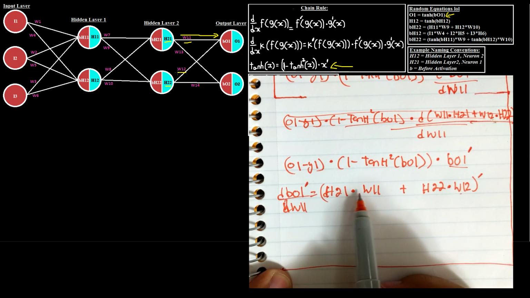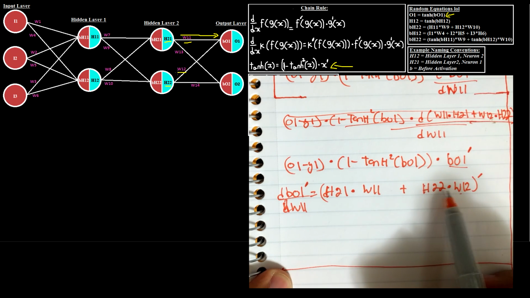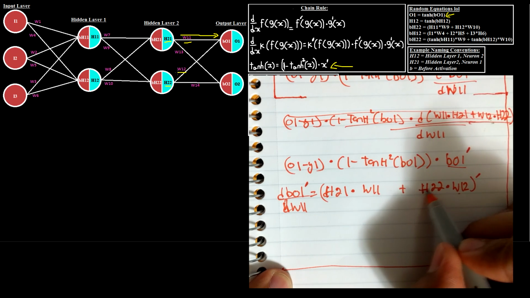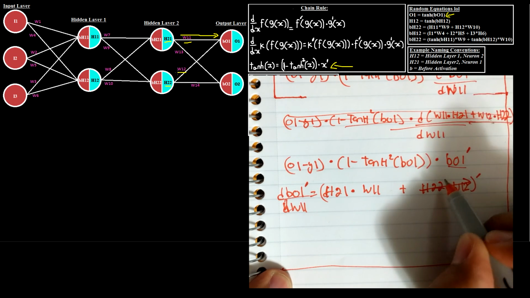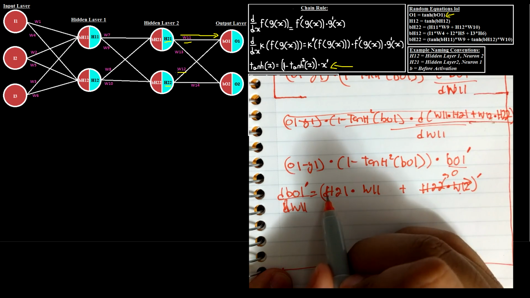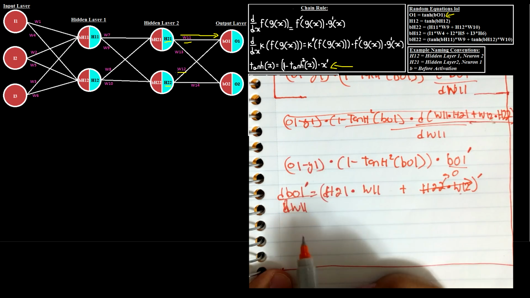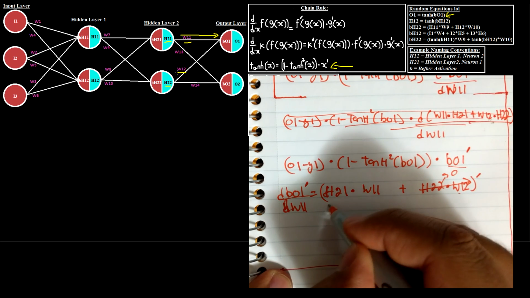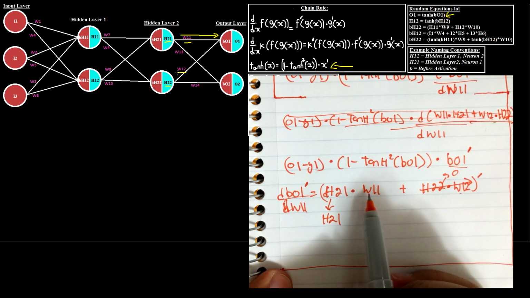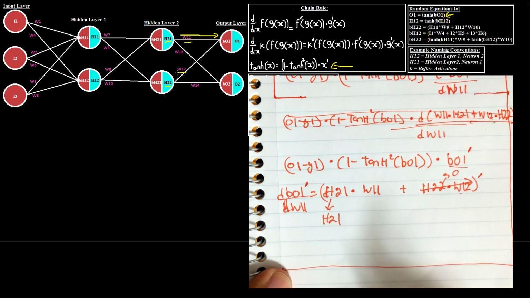This is kind of like saying 5 times x plus 7 times y, and you're taking the derivatives with respect to x, so that means the y part of the equation will immediately go to 0, right? So the derivative of BO1 with respect to weight 11 is essentially just H21, right? Because this is kind of like saying 5x, and what is the derivative of 5x? It's just 5, right?